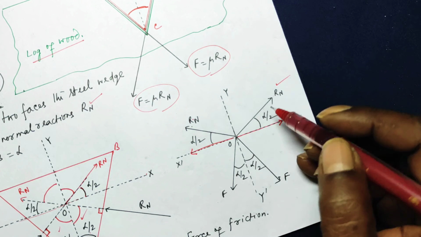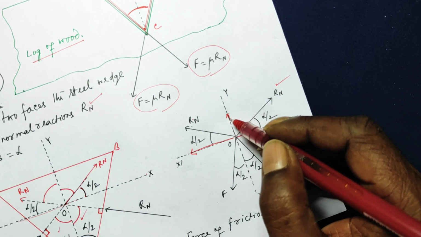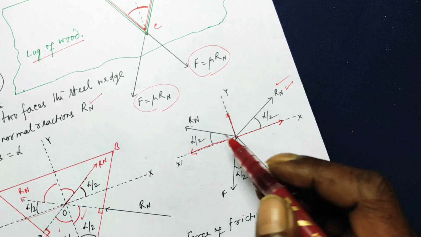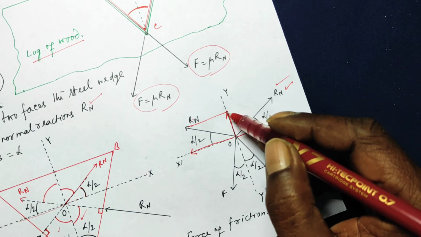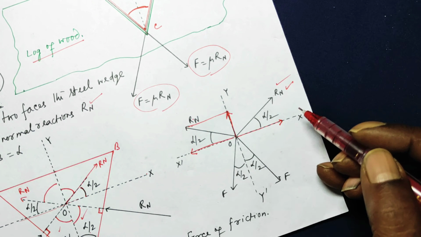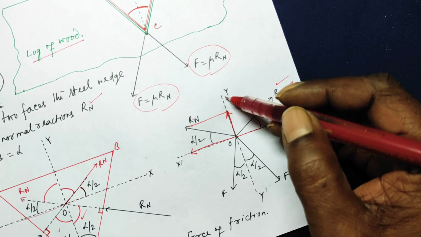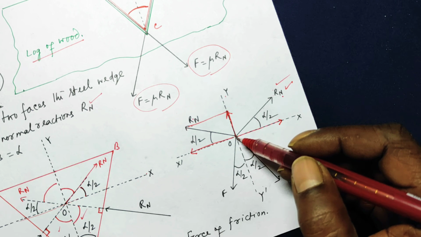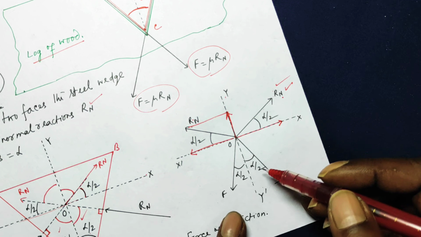So along y-axis, if you drop a perpendicular here, this will be your Rn sin alpha by 2 for this Rn. And if you drop a perpendicular here, this will also be Rn sin alpha by 2. So we have 2 Rn sin alpha by 2 along positive y-axis. Similarly, for equilibrium, we need an equal amount of force along negative y-axis.